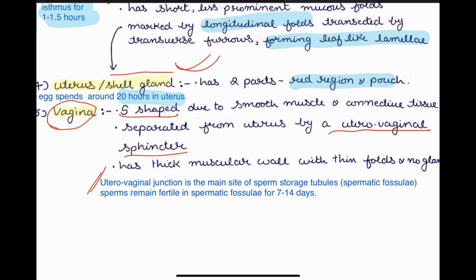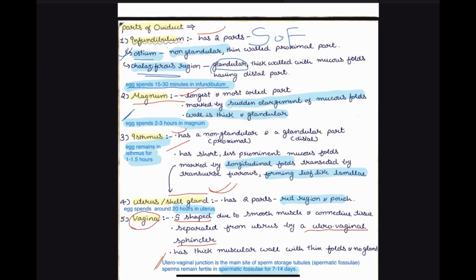That is why birds have structures called spermatic fossulae, which store the sperms, and the sperms remain fertile in these storage structures for 7 to 14 days. Now, remember that this is true for chicken. In other birds, like passerine birds, there are different structures. The structures for the storage of sperms are very different in different groups of birds. So this is it for the parts of the oviduct.